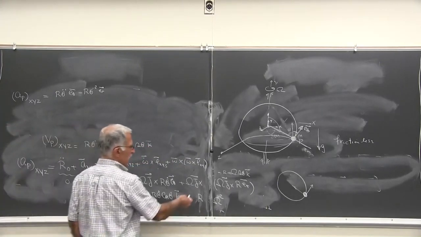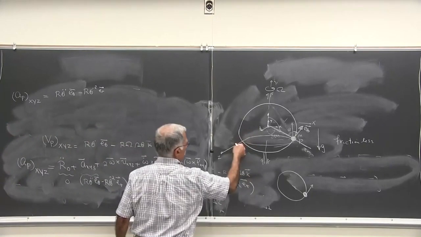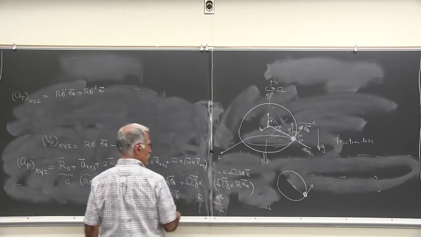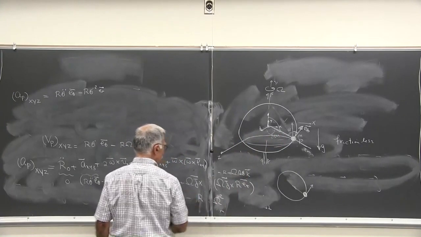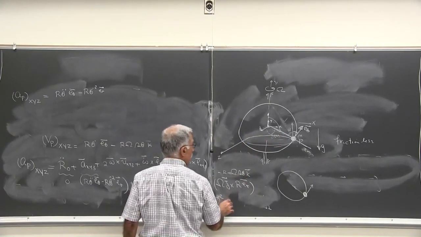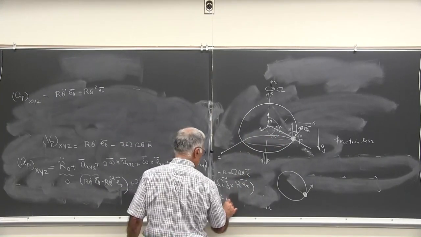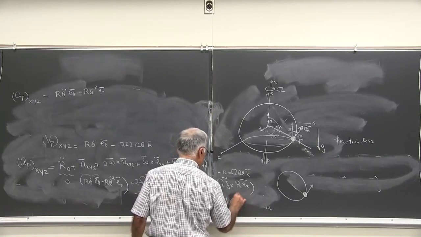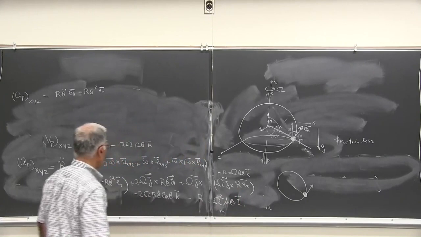And J times K is equal to I, capital I. So this becomes equal to minus r omega square sine theta, and the direction of that one is capital I.